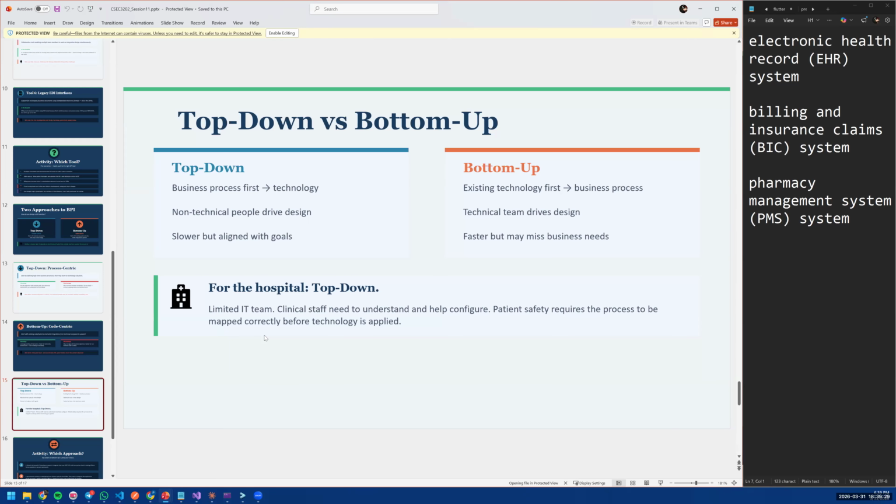And then once they have the idea of what the solution to the problems are, they can go ahead and map out a one-to-one equivalent technical solution to the problem. It says technical staff need to understand and help configure, right? Yeah. Patient safety requires the process to be mapped correctly before technology is applied here.